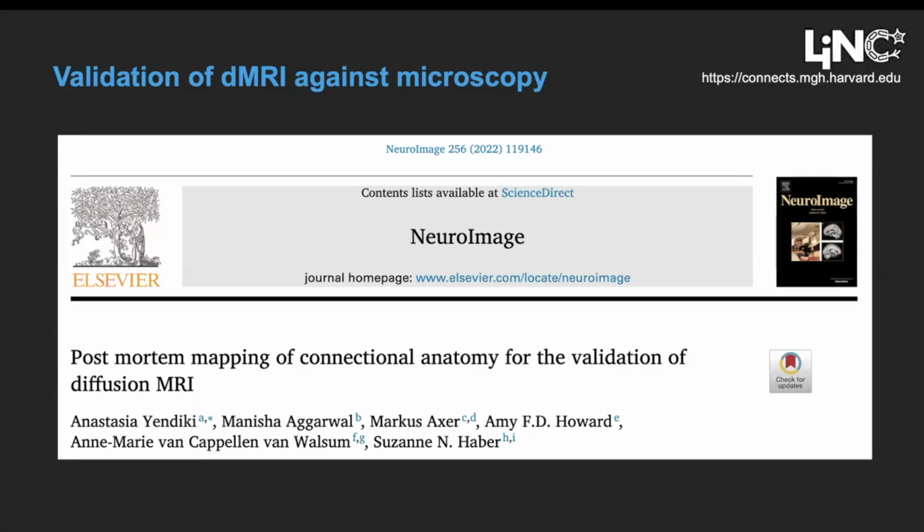I won't go into all the different work that has been done in this domain, validating diffusion MRI against microscopy, but you can check out this review paper that we wrote for the special issue on the 10 years of the Human Connectome Project in our formerly favorite journal, Neuroimage, a few years ago.